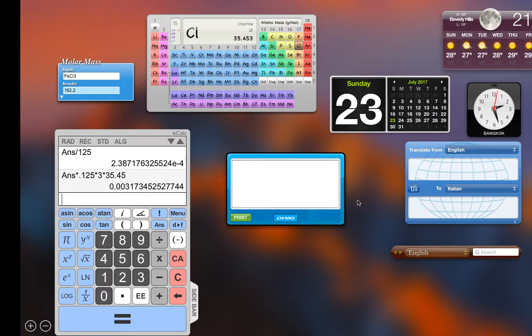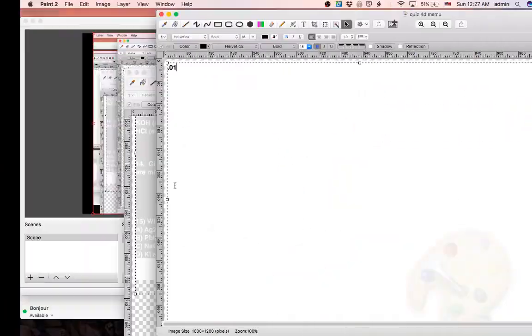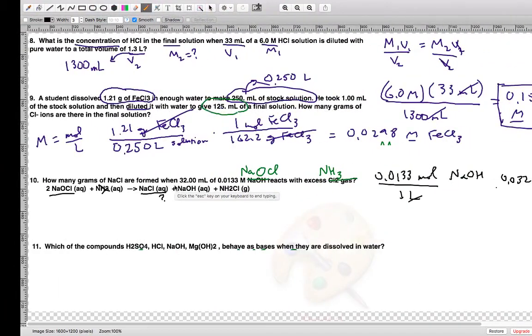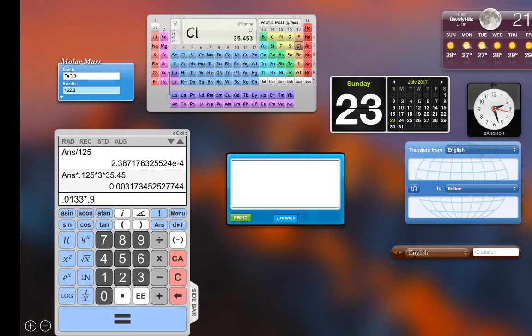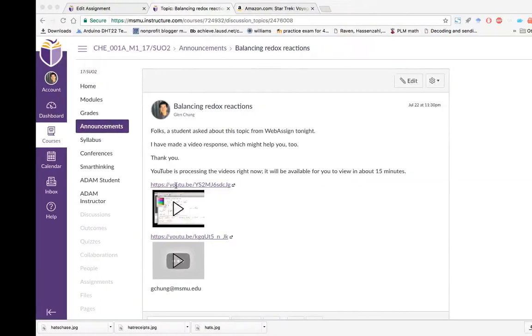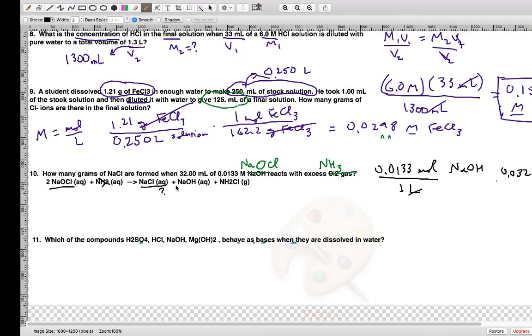0.0133 times, what was the other one? 0.032. That's 4.26 times 10 to the minus 4th. It's 4 significant figures here.